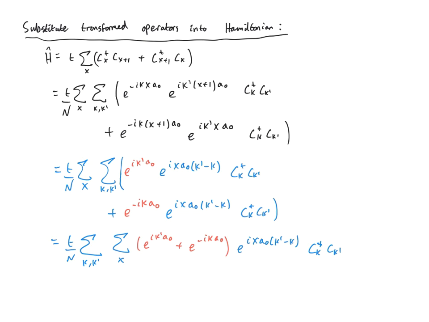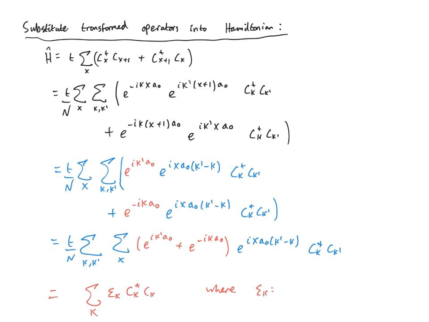And in the end, I'll simply have the sum over k of something that I will call epsilon k, c_k dagger c_k, where we know explicitly that this epsilon k is equal to, actually I'll get rid of the t in this expression, that's not needed.